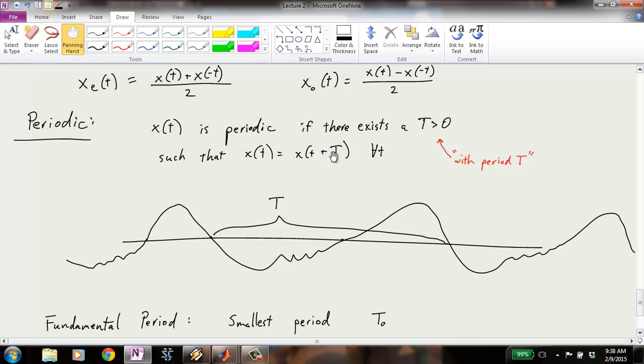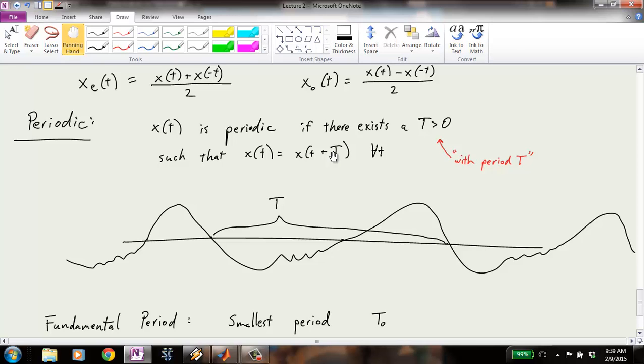Can you think of an example of a signal where the fundamental period is 0? We said the periods have to be positive. Fundamental period 0. Constant. Yep. So if your signal is a constant, then any T is a period. That means the smallest period is 0. So the fundamental period would be 0 for a constant.